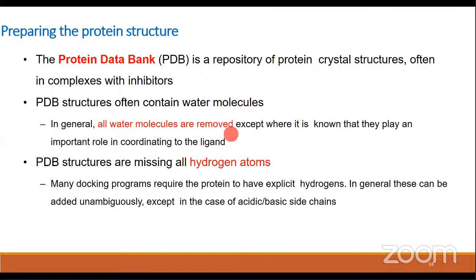In the next scenario, while crystallizing the protein, most of the time they will add a ligand to the protein, which we call a co-crystallized ligand. For example, chain A contains the co-crystallized ligand, and chain B doesn't. We should always choose the protein chain that has the co-crystallized ligand, because it is very valuable information that decides where our binding site is.